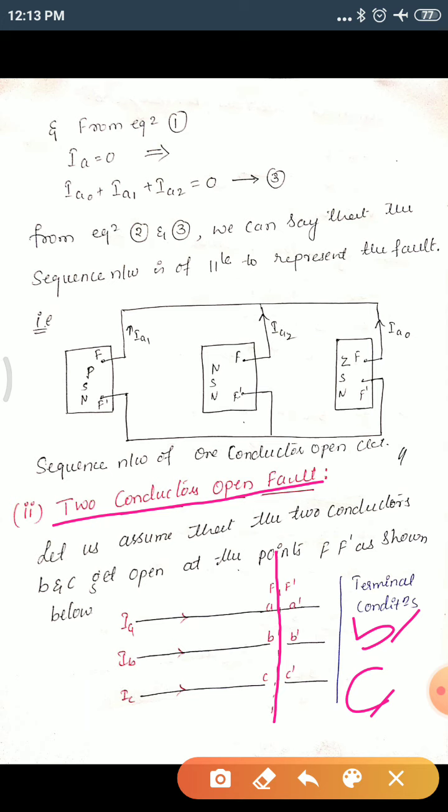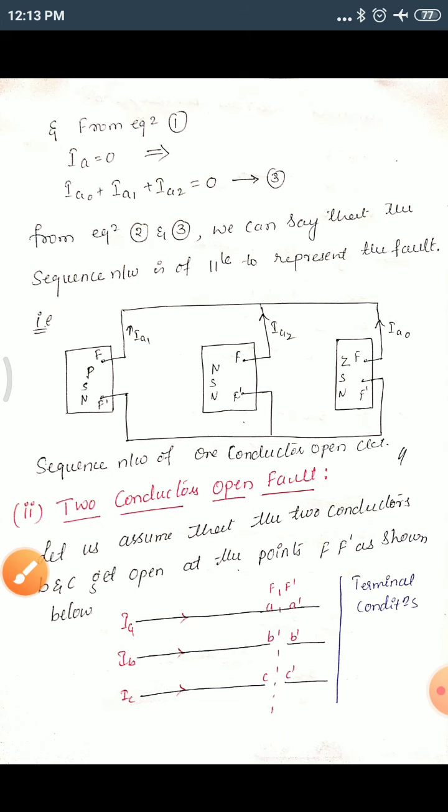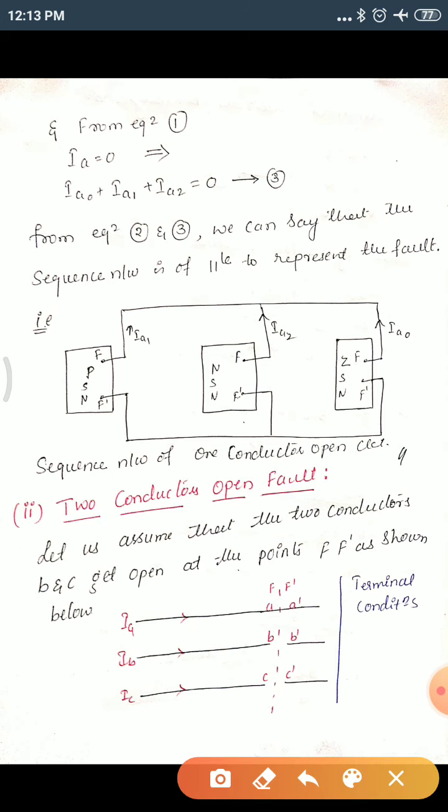Since we have A conductor, B conductor, and C conductor, the currents flowing through them are IA, IB, and IC. Remember, let's write the terminal conditions for this. Since B is open, the current flowing through it is equal to 0. Conductor C is also open, therefore these are also terminal conditions: IC is equal to 0.